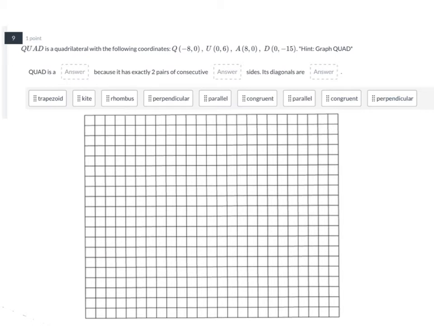Let's see. Let's try this. See if I can fit all this on here. It goes up to that. Let's see. All right, that should fit everything. Okay, so Q is at negative 8, 0, negative 1, 2, 3, 4, 5, 6, 7, 8.